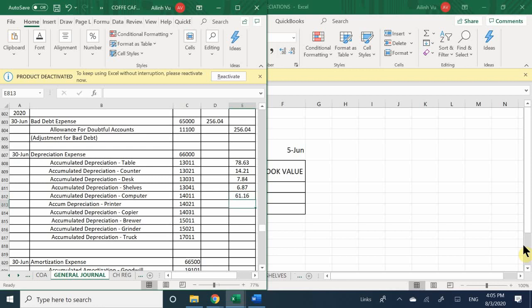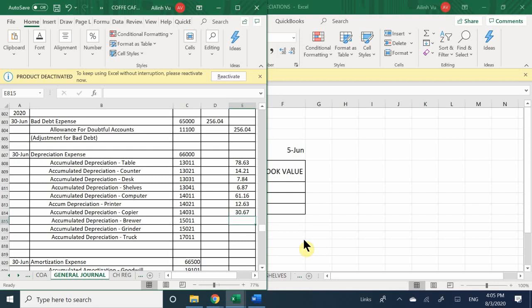Printer is right below it. It'll be $12.63. Yes. Okay. Copier right below that is $30.67. Say that again. $30.67, okay, for a copier.